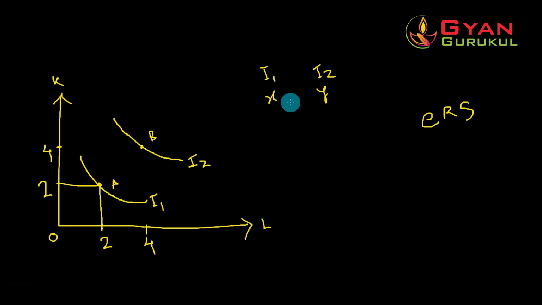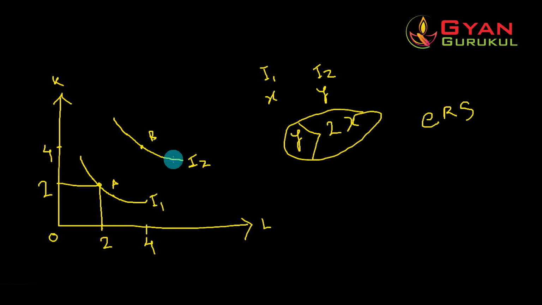Now suppose the relation between x and y is such that the output at I2 is greater than twice x, or greater than the 100% increase in output from this isoquant to this isoquant.